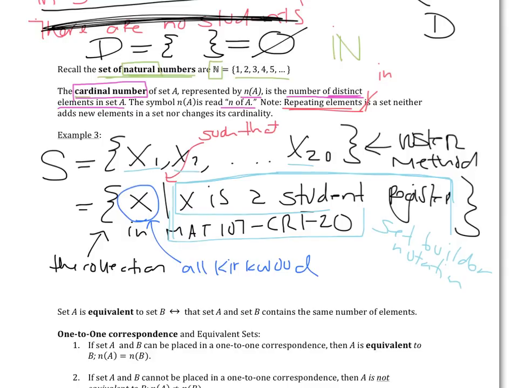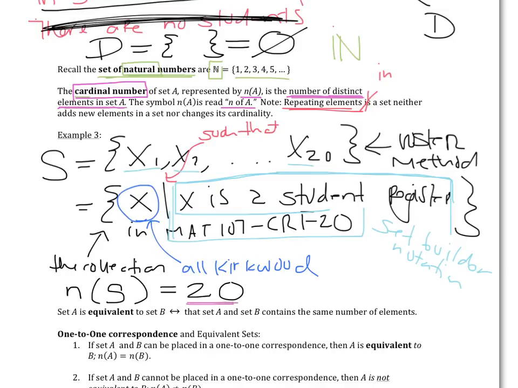Okay, so the goal was to find the cardinality of a set. So n of S is 20, because the number of, and it's color coded, hopefully that's helpful, this 20 is the number of distinct elements in the set.